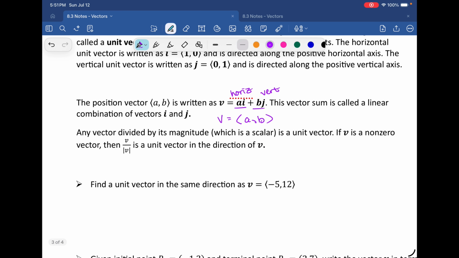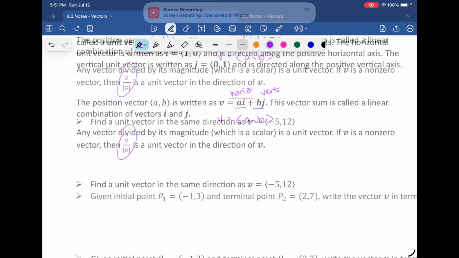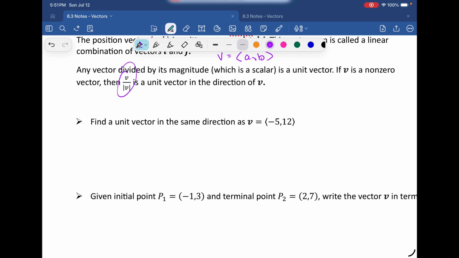Unit vector is dividing everything through by its magnitude. So it's vector v divided by the magnitude of v, which creates the unit vector. Find a unit vector in the same direction as v, so a vector with a magnitude of 1. First thing we do is find the magnitude. a squared plus b squared. All right, so you're going to divide the vector.